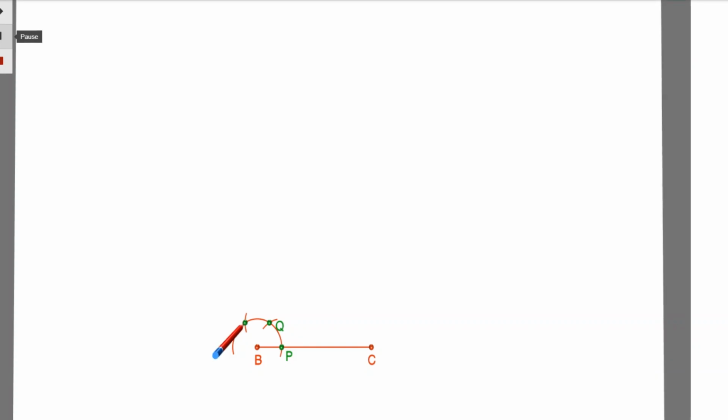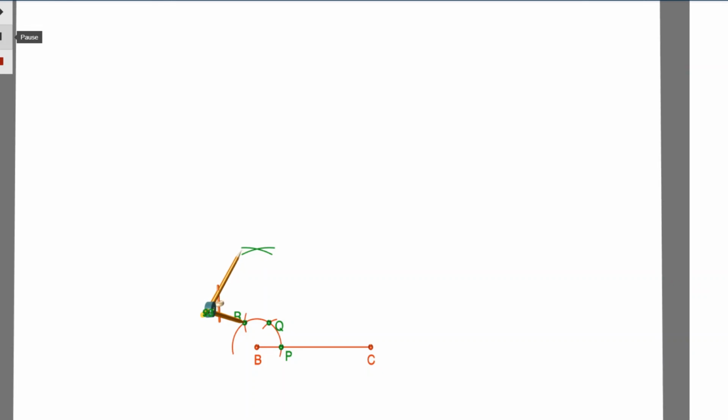Now dear children, here we see PQ is 60 degree. It makes 60 degree with central angle PBQ. And QR also makes 60 degree with central angle QBR. Now our aim is to bisect QR. So with Q and R as centers and any convenient radius, draw two arcs which intersect each other at some point.